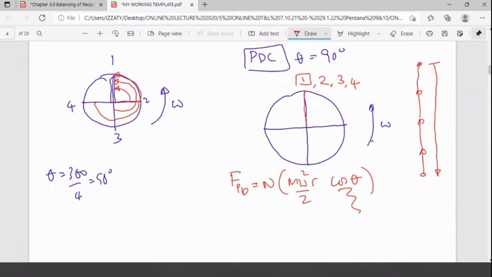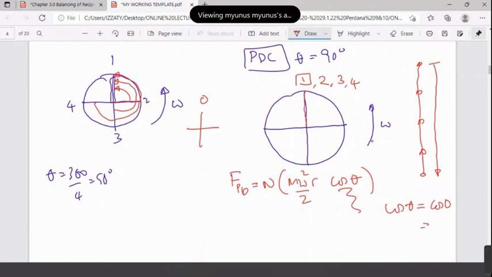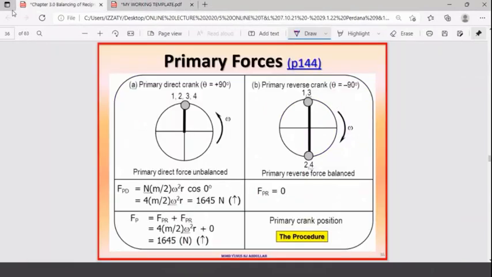So how do you get rid of cos theta here? We assume that this one is this. So cos theta now is equal to cos 0. What do you have for cos 0, class? 1. So this one suddenly vanished. So you have only the first part of the equation, which will give you this one.